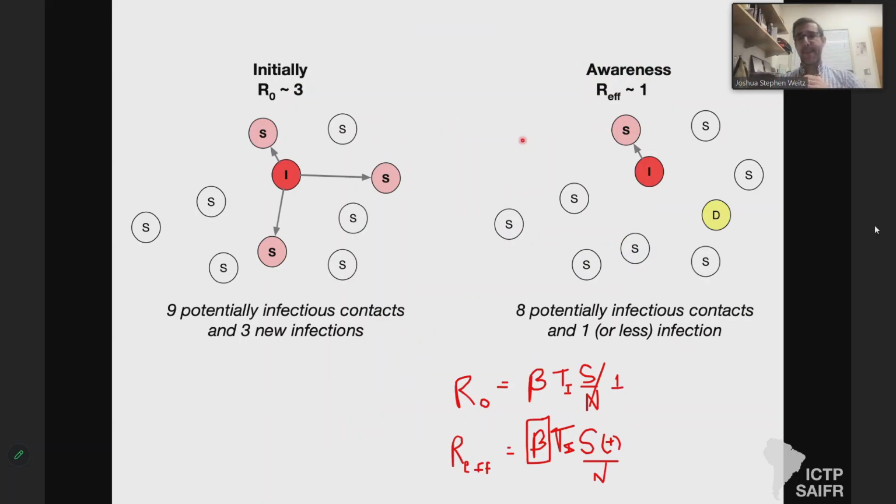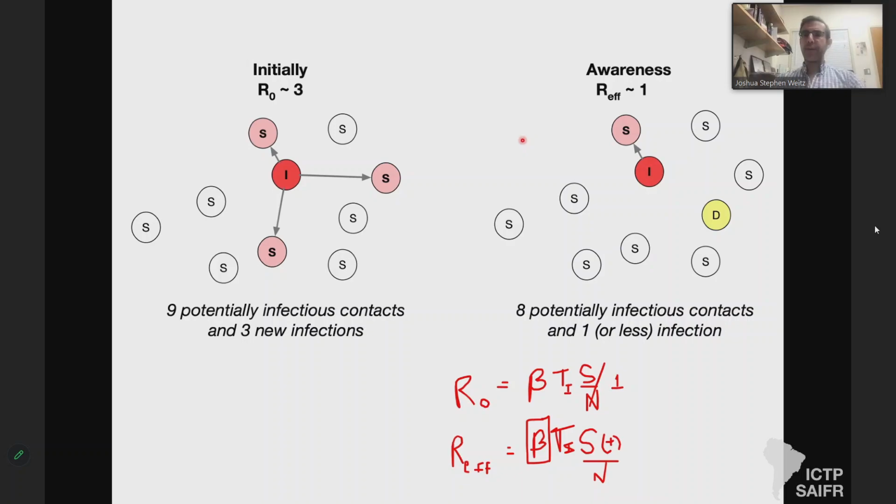The question is, it says in the second model, the awareness one, that there are 8 potentially infectious contacts and 1 or less infection. But what are you calling potentially infectious contacts there?